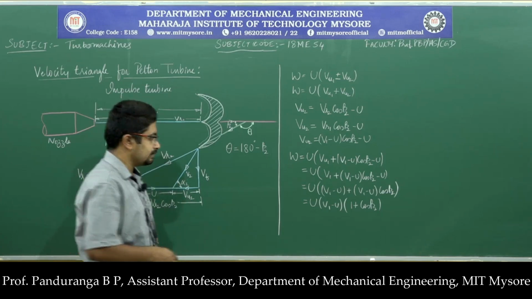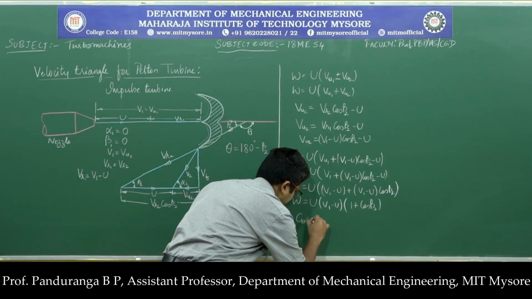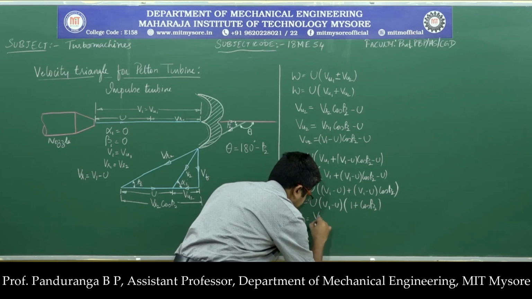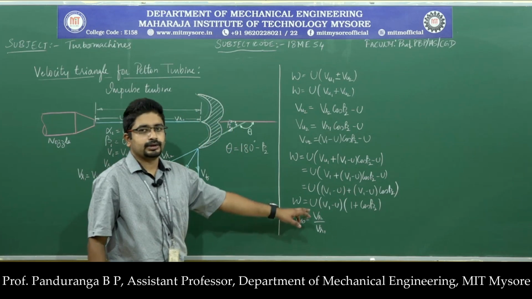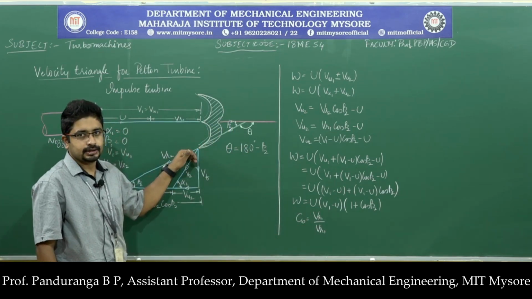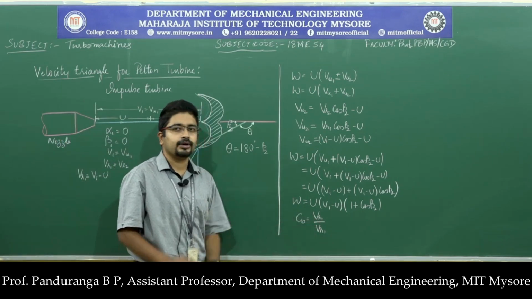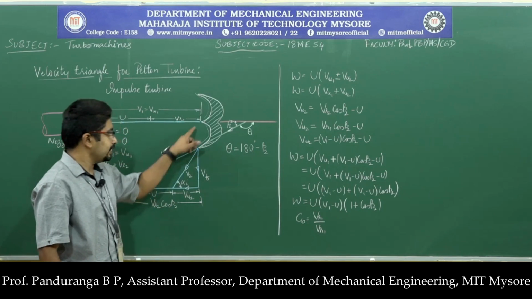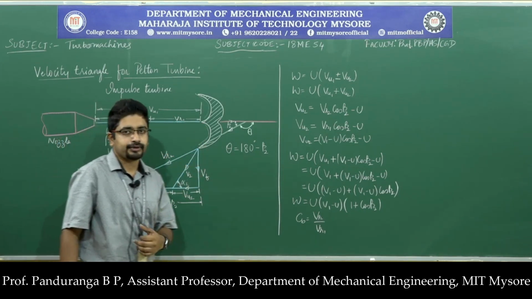CB is nothing but VR2 divided by VR1, where VR2 and VR1 are the relative velocities at the outlet and inlet. If you consider the losses, then VR2 and VR1 will not be same because of the friction between the blade and the water and the fluid friction.